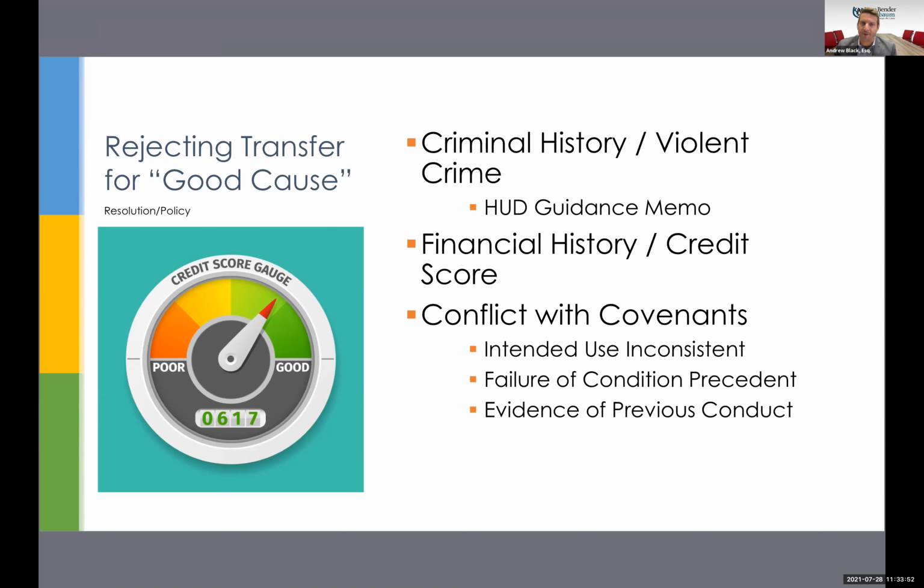Everything checks out. Their bank accounts are flush. The only issue is their credit score, for whatever reason, is a couple points below that. I don't think it's a great idea for the board to adopt a policy that you automatically reject based on that credit score. I think it should be one factor that is reviewed, exactly for that reason.